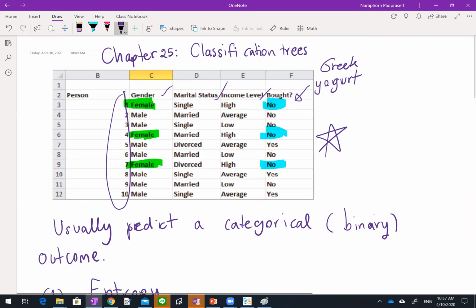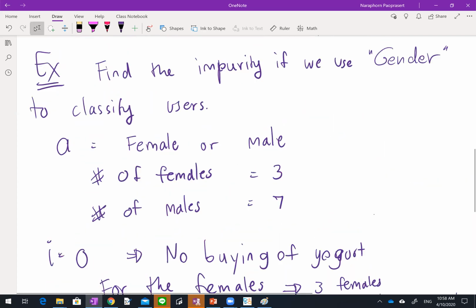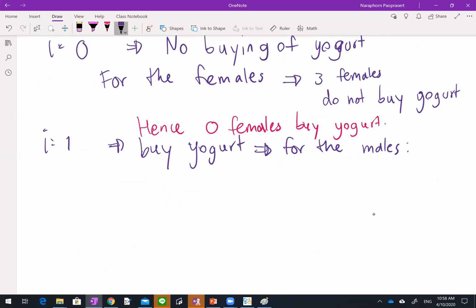Let's see. There are 7 males, and out of these, only 3 males have bought yogurt. So 3 males buy yogurt, and 4 do not buy yogurt. Okay, so we have all the information.